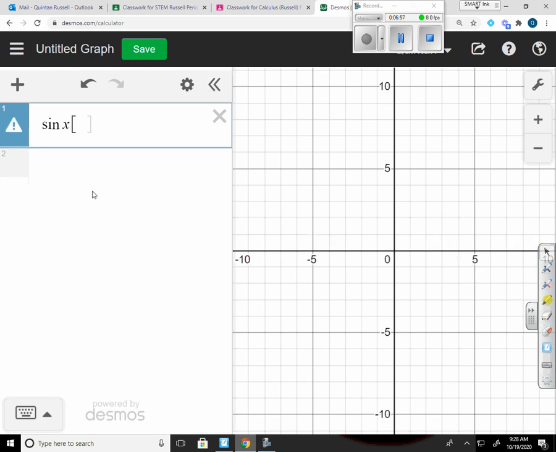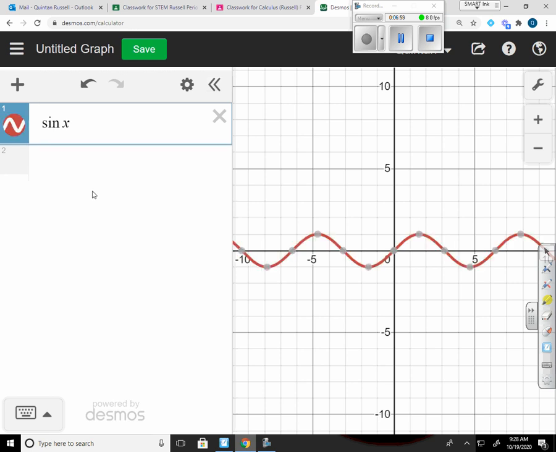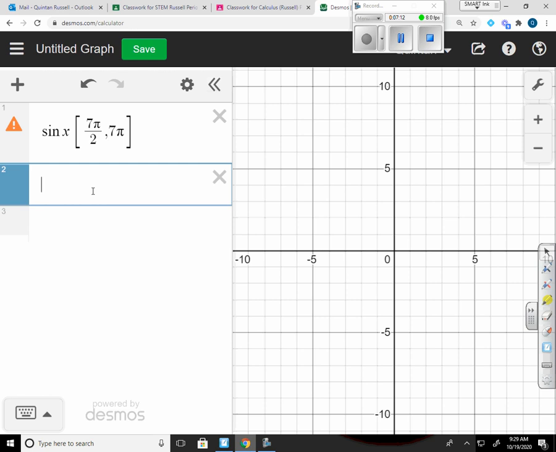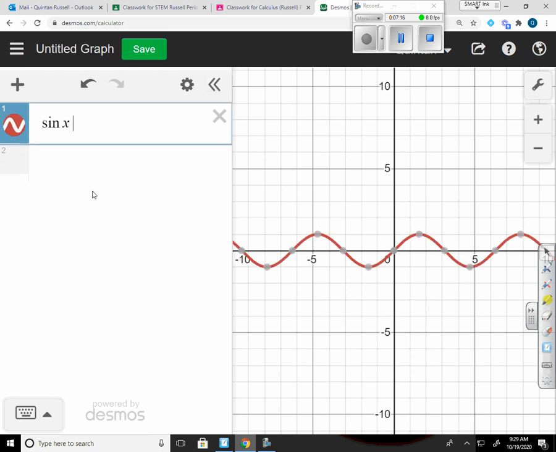So I could put an interval in here. I think 7 pi over 2, comma 7 pi. Nope, didn't work. Let's try it this way.